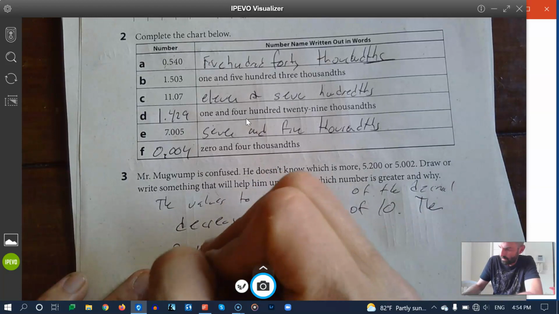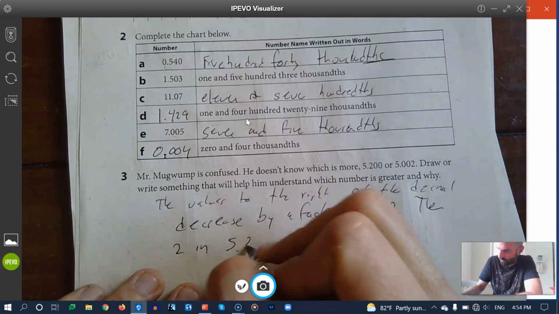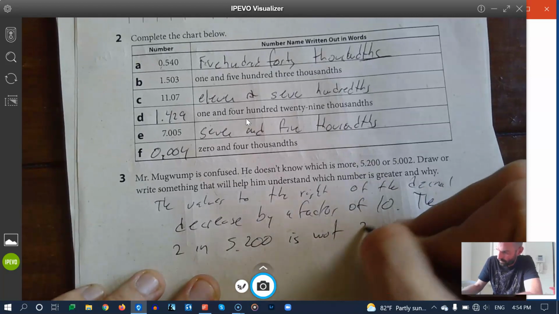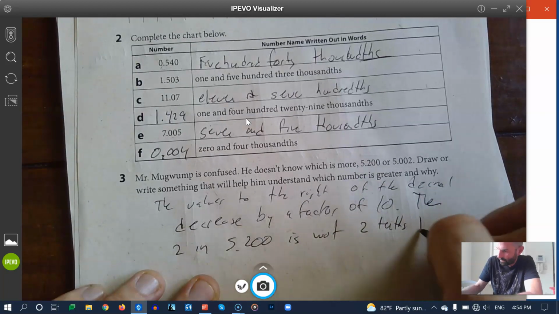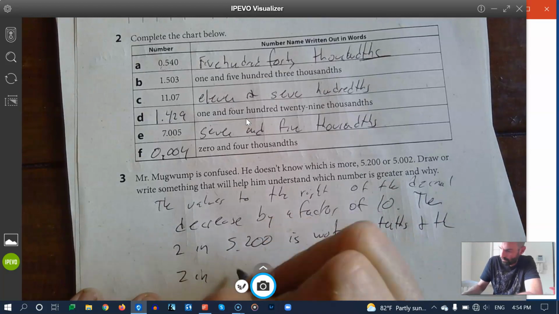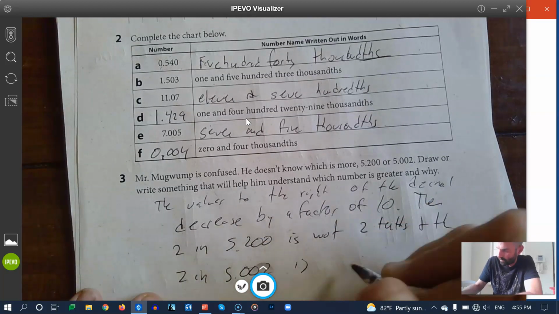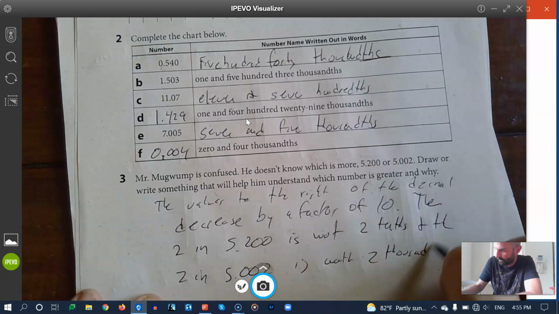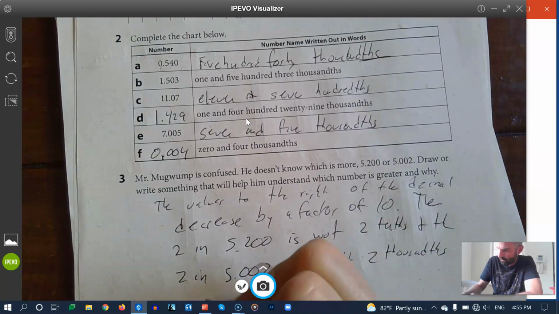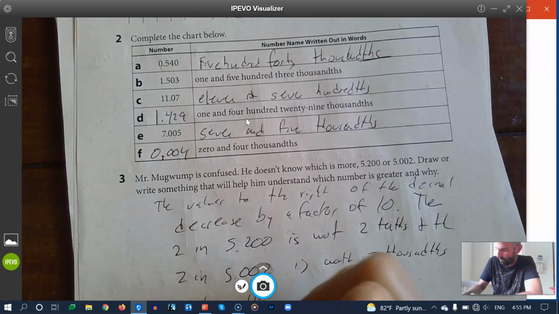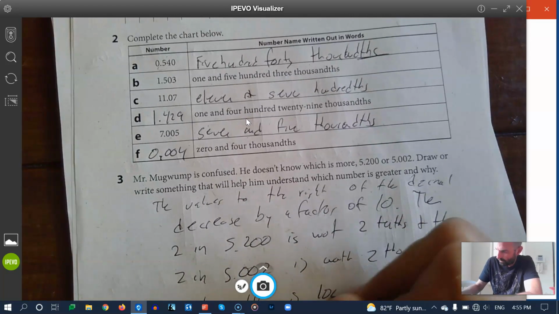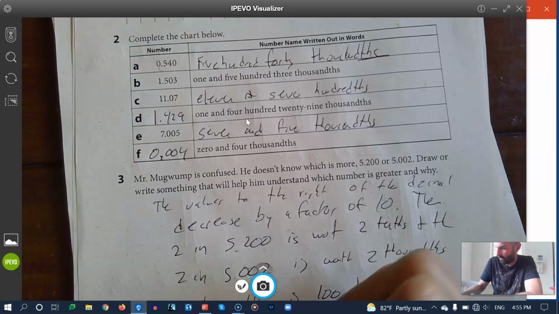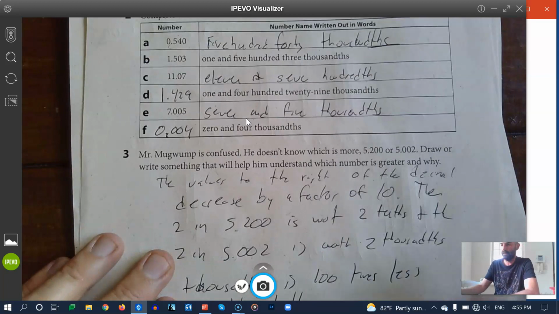The 2 in 5 and 200 thousandths is worth 2 tenths, and the 2 in 5 and 2 thousandths is worth 2 thousandths. Thousandths is 100 times less than tenths. All right, cool.